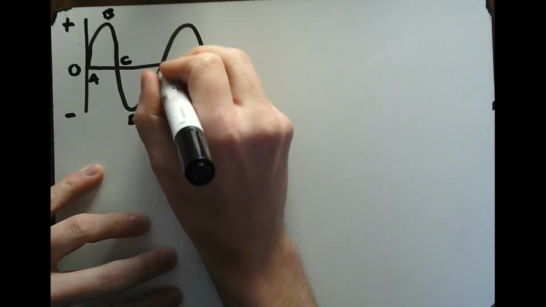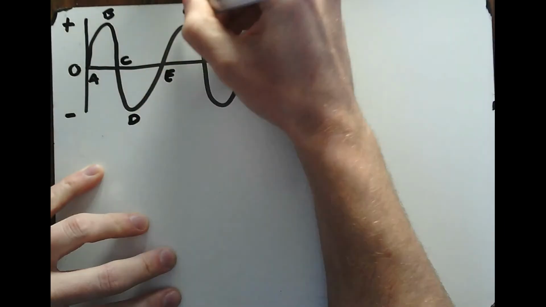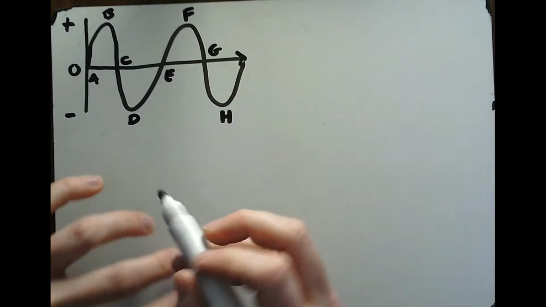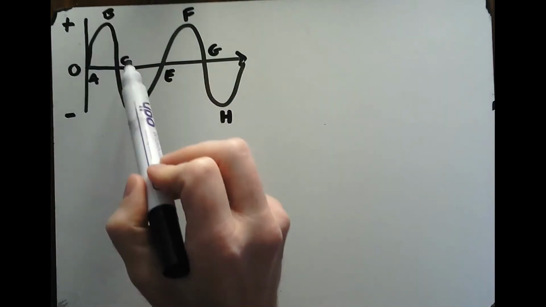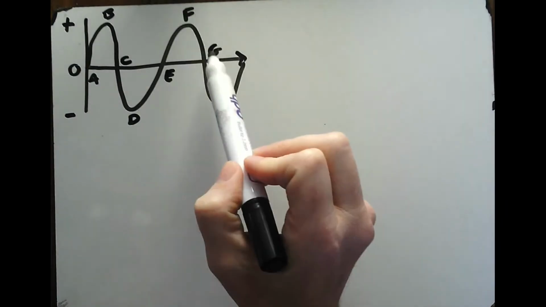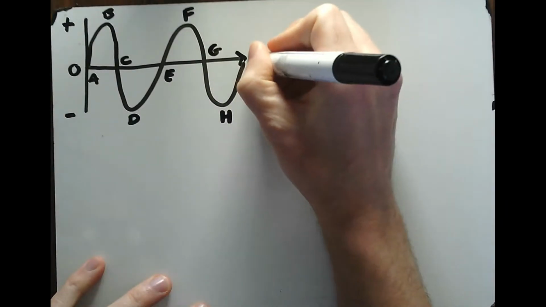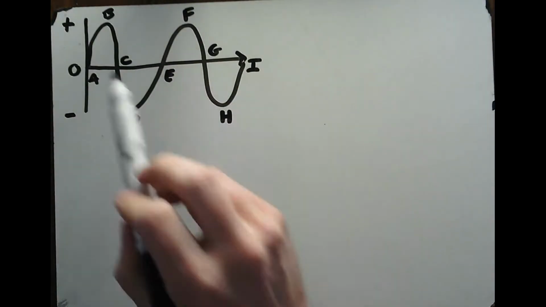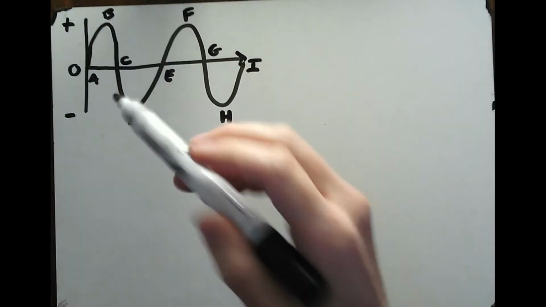Part D is at the bottom of the wave, E at the next one, then F, G and H. Just check I haven't missed any: A, B, C, D, E, F, G and H. And I suppose this part here would be I as well. So we've got our frozen wave labeled, and I'm going to use these letters when I'm talking about this wave.